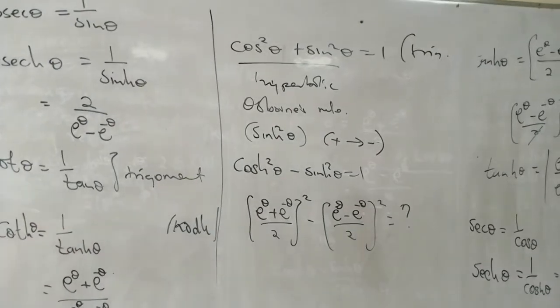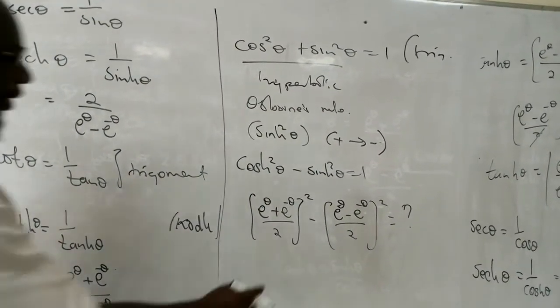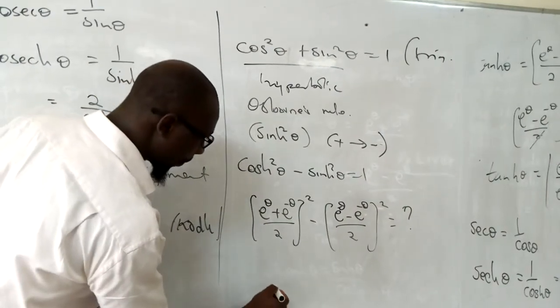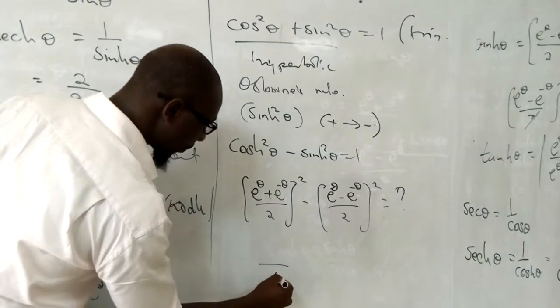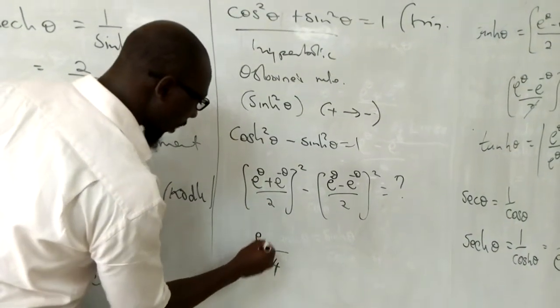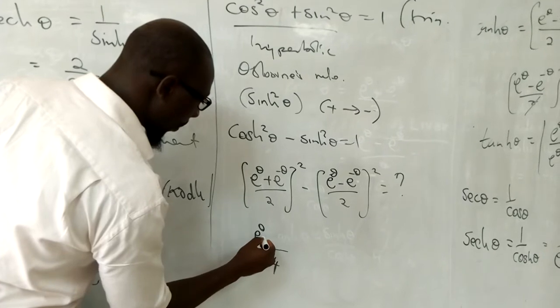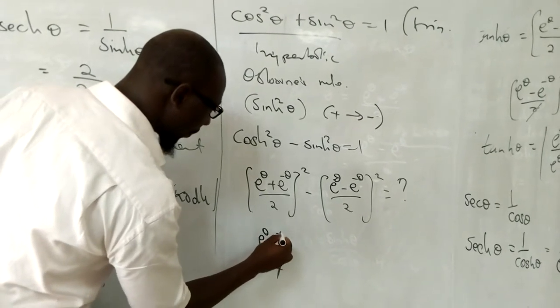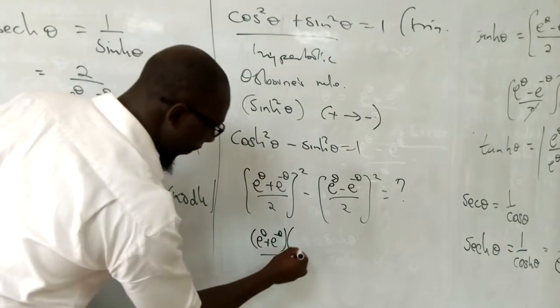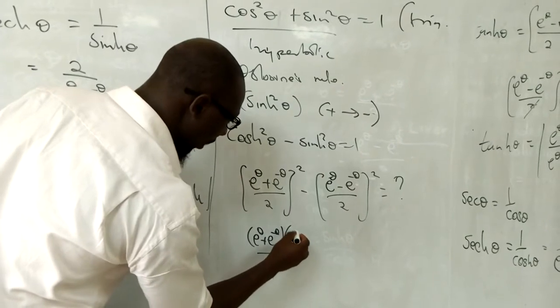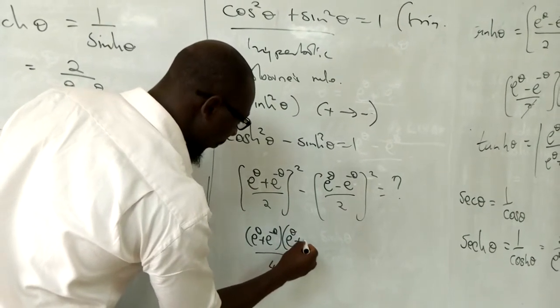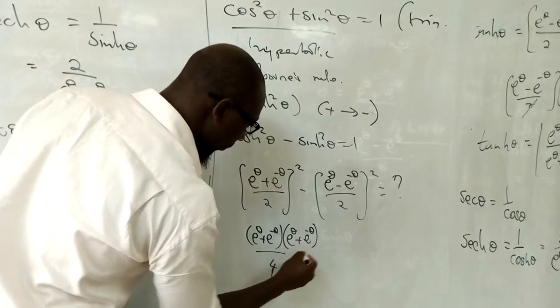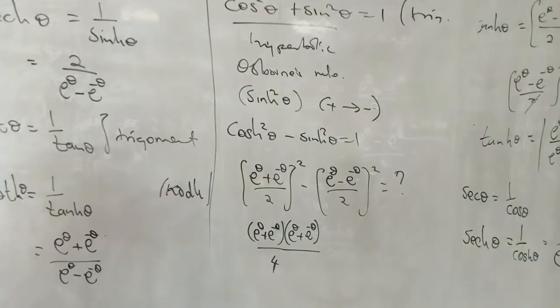And what will this one be equal to? So this is what we intend to prove. So let's square this part. This part shall be over 4, if you square 2, we get 4. Exponential of theta plus exponential of negative theta; if you square the upper part, you write it twice: exponential of theta plus exponential of negative theta, over 4.